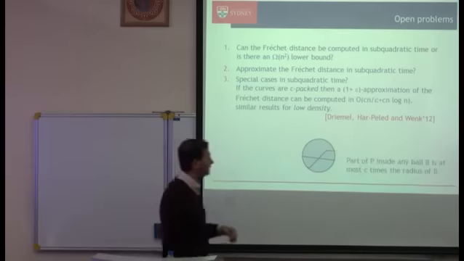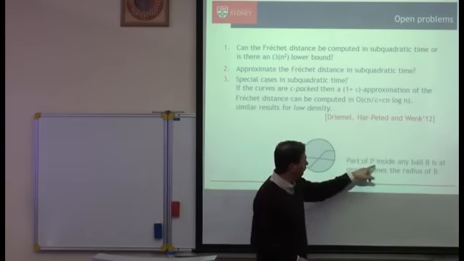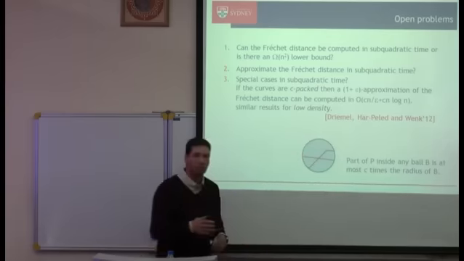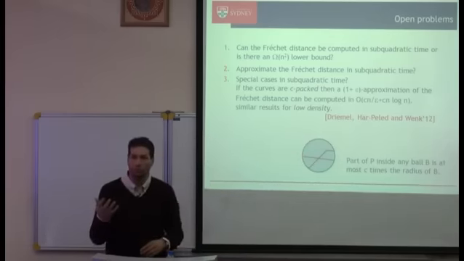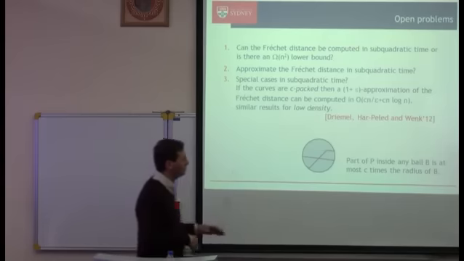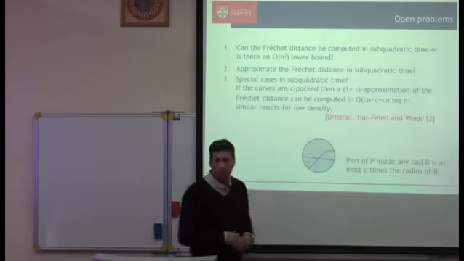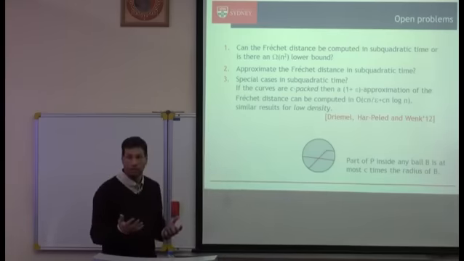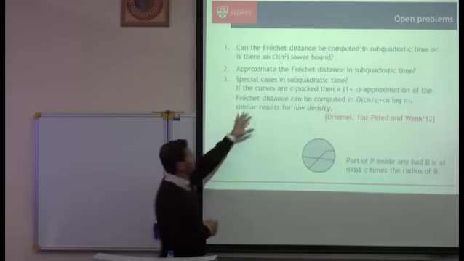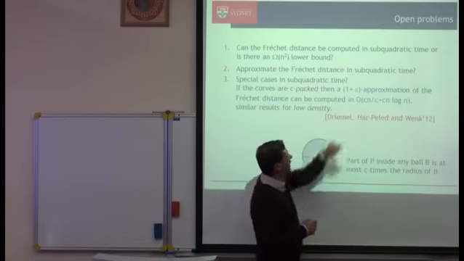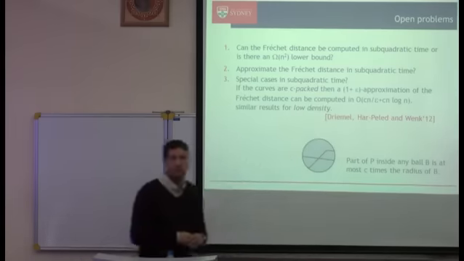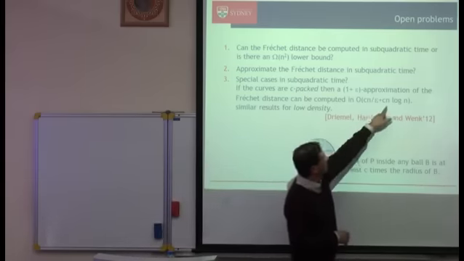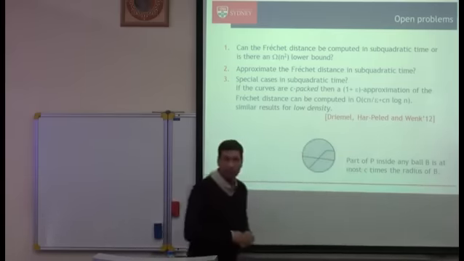So for every ball, the part of the path inside any ball B has to be at most c times the radius of the ball. And if this is true, then I'm saying that the input is a c-packed curve. Now, if the curve is c-packed, then I can find a 1 plus epsilon approximation to the Fréchet distance in roughly n log n time.